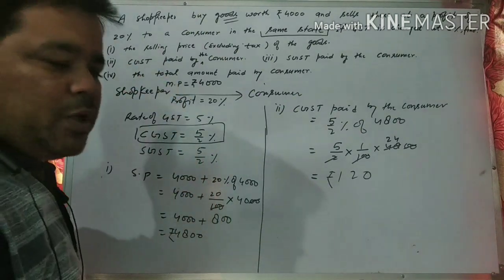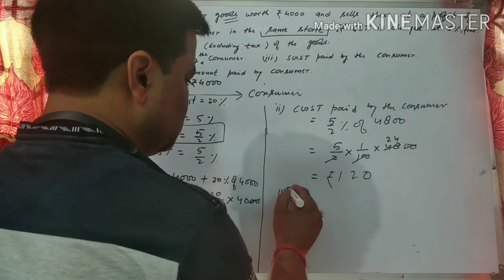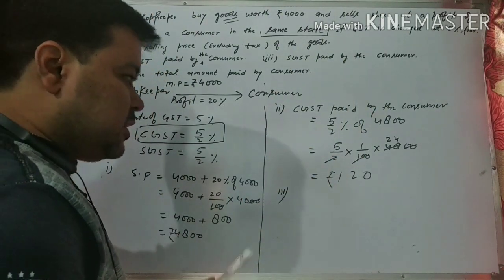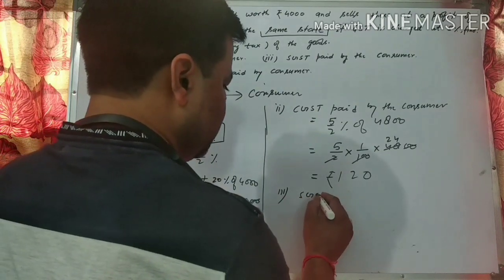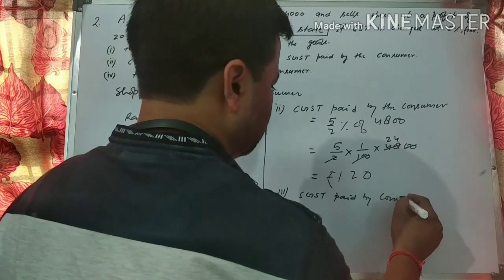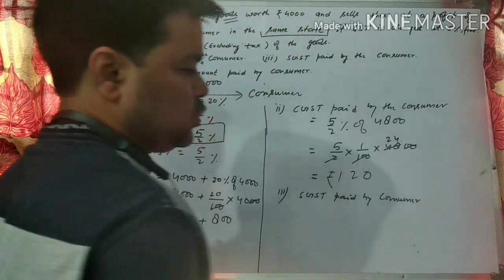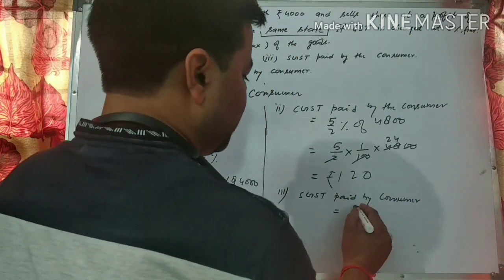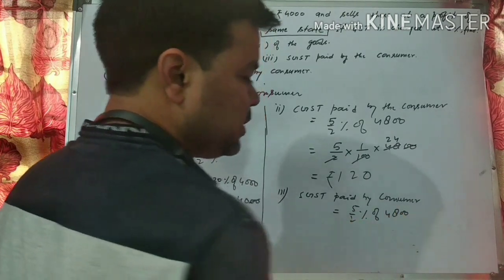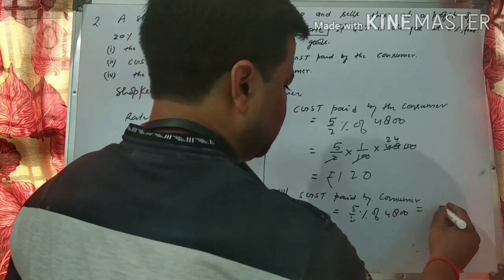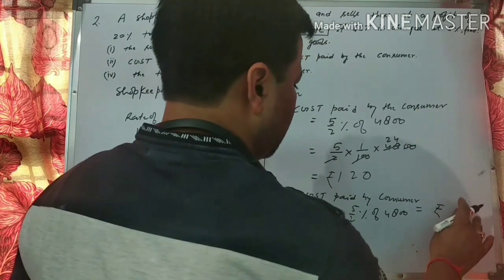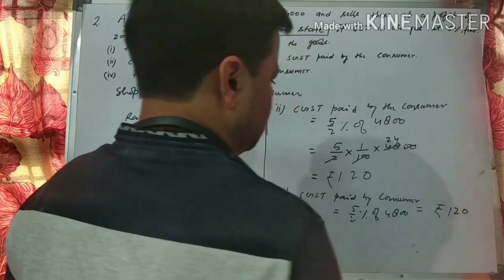Okay. Now the third one. SGST paid by the consumer. This is also the same, 5/2% of 4,800 rupees. If you solve, you find that the SGST will be the same as the CGST, and that is 120 rupees.